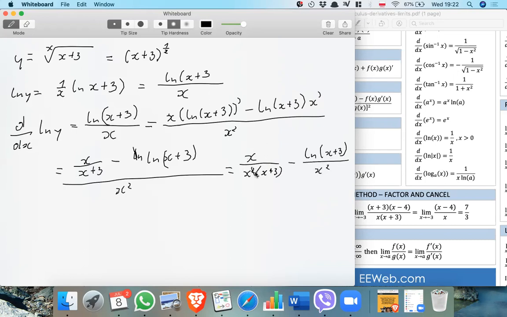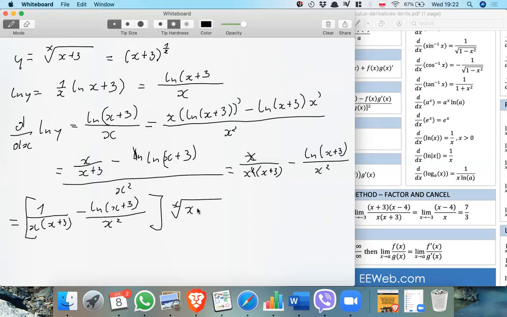And the x squared and the x cancel, so that ends up with 1 over x times x plus 3, and then minus ln of x plus 3 over x squared. So that's my derivative of the natural log, and to get the derivative of the original function, I take this expression and multiply it by root x to the order root of x plus 3. And that's it, job done.